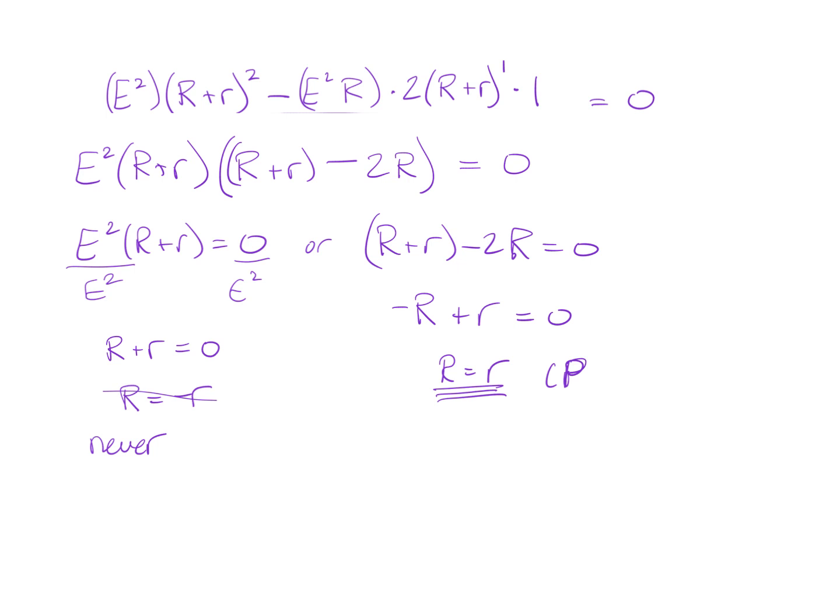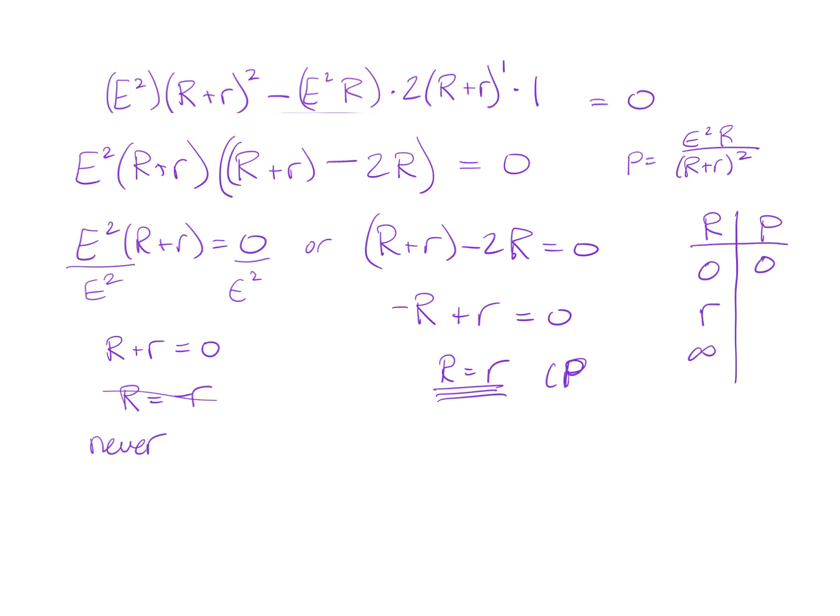So I'm going to have big R and I'm going to have P. And remember, my function P is E squared R over R plus little r squared. My critical point was little r, and the endpoints of my domain were 0 and infinity. If I put a 0 in here for big R, you get 0 over something, which is 0.